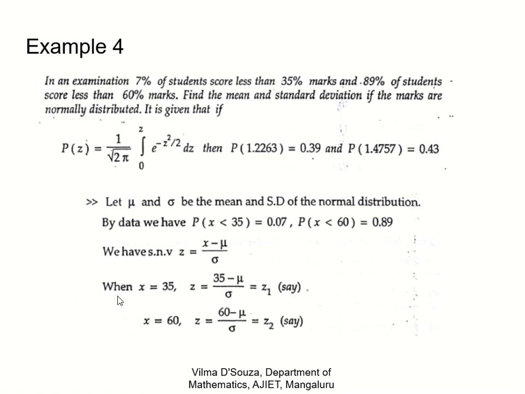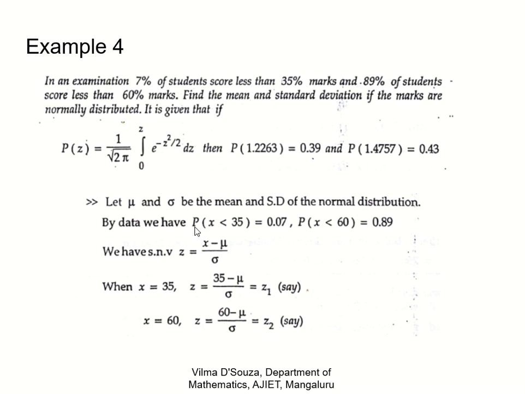Now when x is equal to 35, z is 35 minus mu by sigma, let it be some z1. You are taking it as z1 for convenience in writing. When x is equal to 60, z is equal to 60 minus mu by sigma, let it be some z2.